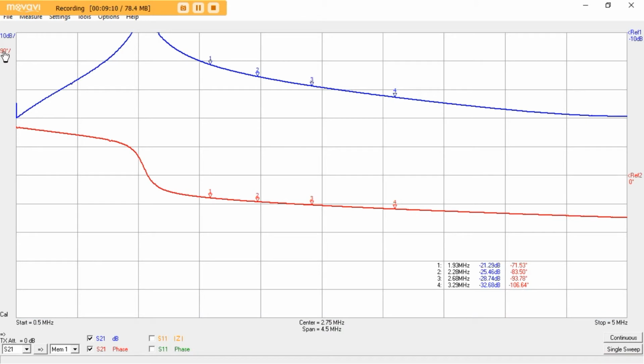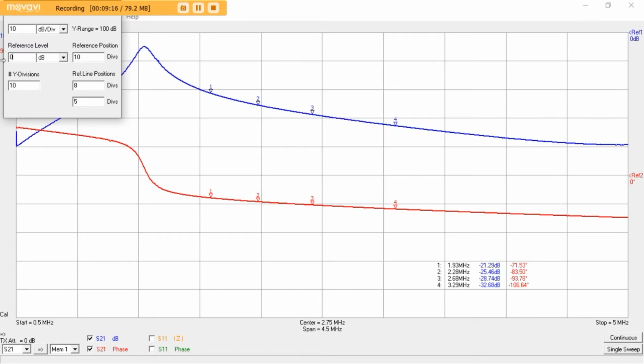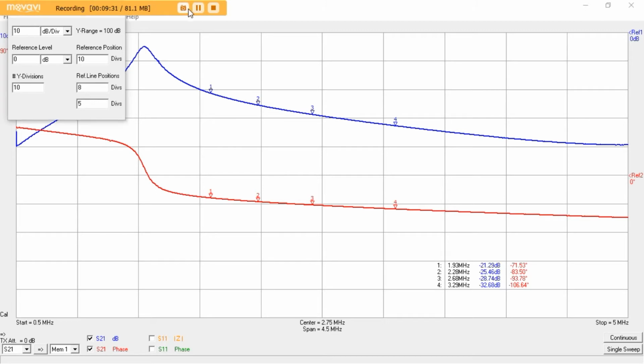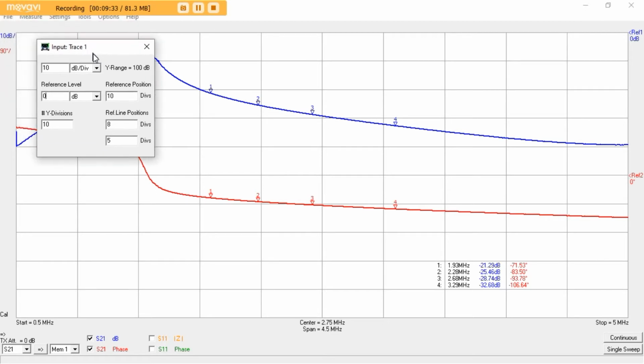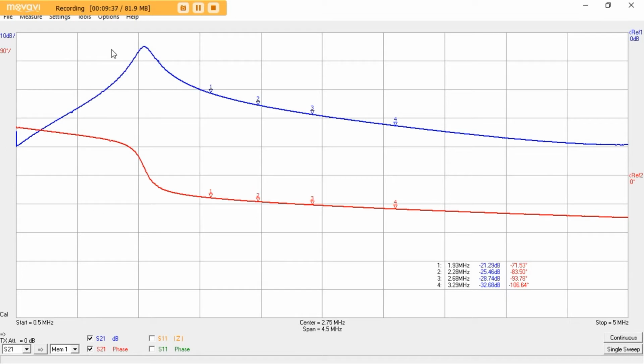This is off the screen. We're going to have to adjust the reference level and put that at 0 dB. Okay, we've changed the reference level to 0 dB at the top of the screen.